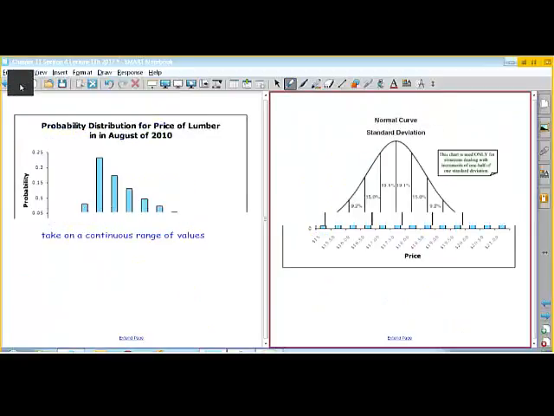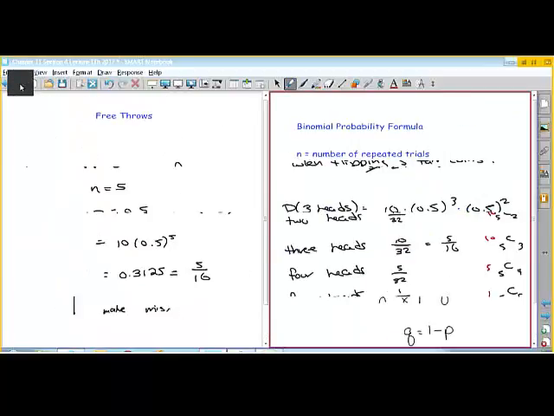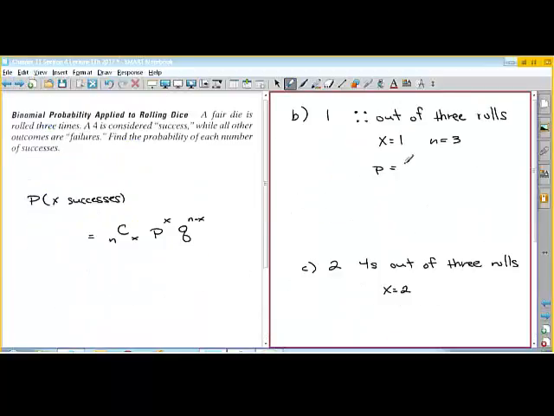So the same thing applies here. The probability of success is going to be 1/6. And as a consequence, the probability of failure is 1 minus the probability of success, which is 5/6. So we have everything we need. Now we just need to plug it in.